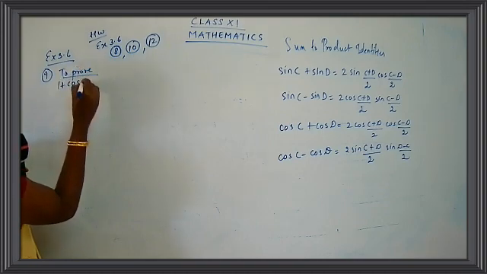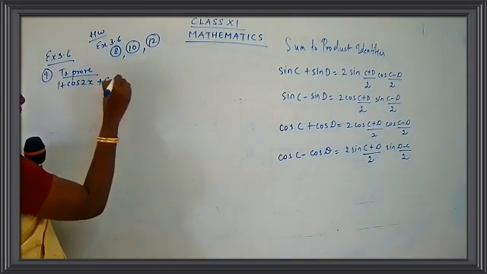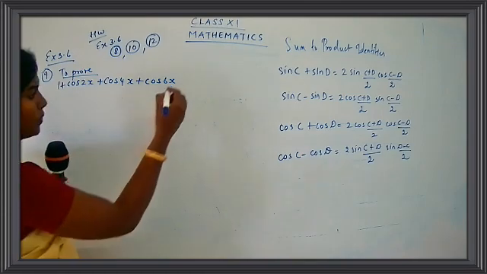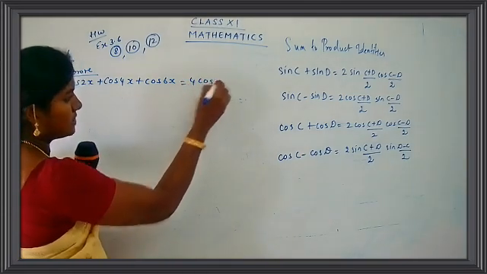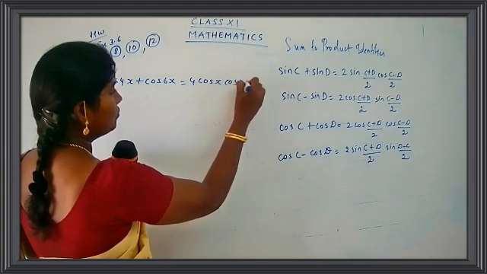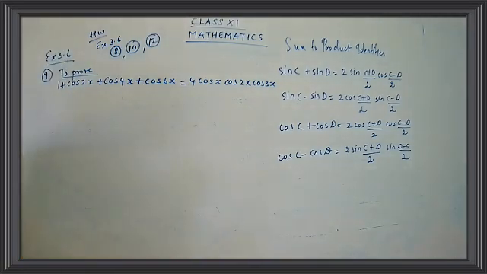After taking down the question, you have to write: to prove 1 plus cos 2x plus cos 4x plus cos 6x is equal to 4 cos x cos 2x cos 3x. Okay, children?